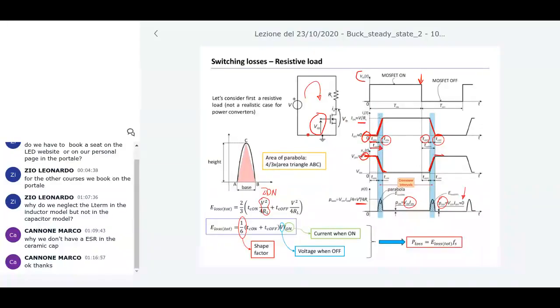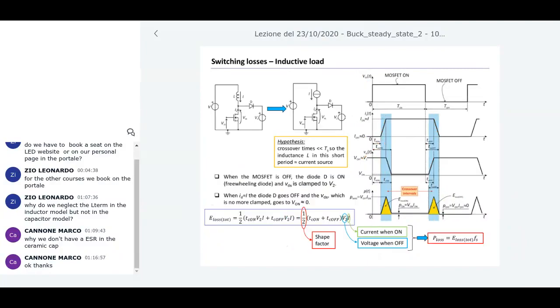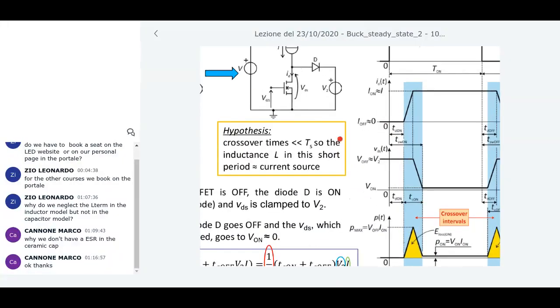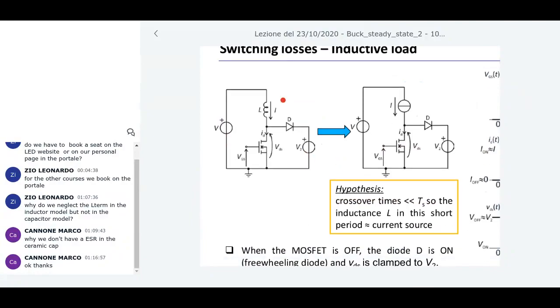conversion. A situation which is most common is the situation depicted here. In this case, the circuit is a little bit different. But if you look at the circuits, you can recognize the basic components that are always inside any switch mode power converter, which are the switches and the inductor.